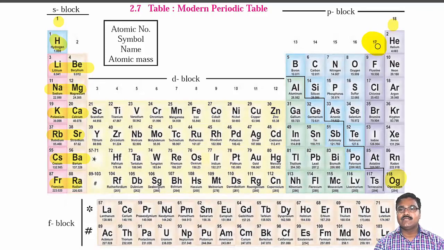Here you will see the elements from fluorine to iodine are placed in group 17, and these are known as halogens, and there is a gradation in their physical state. Fluorine and chlorine are gaseous elements, bromine is in liquid form, and iodine is found in crystalline, that means solid form. That means there is a gradation from gas to liquid to solid.